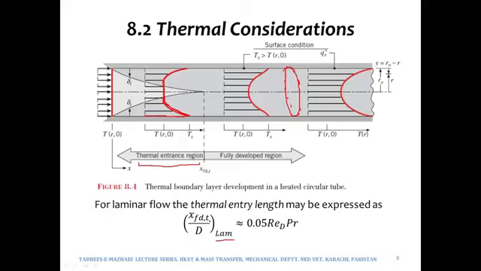Over here it says x fd t, and t is in fact referring to thermal entry length. So x means length, fd means fully developed, t means thermal. Over d is approximately 0.05 Reynolds number times Prandtl number. So what is the difference between the hydrodynamic considerations and thermal considerations? In the case of velocity entrance region, it was 0.05 Reynolds number. Over here it is 0.05 Reynolds number times Prandtl number.